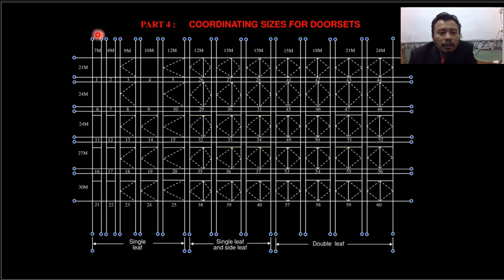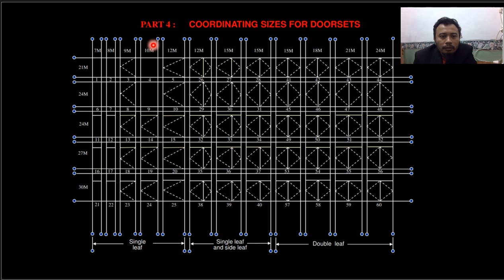As you can see here, this is your height. You have 5 types of height: 20 m, 21 m, 24 m, 27 m, 30 m. And then you have the width: 7 m, 8 m, 9 m, and up until 24 m for double leaf.